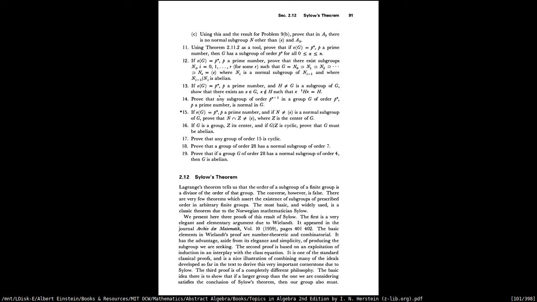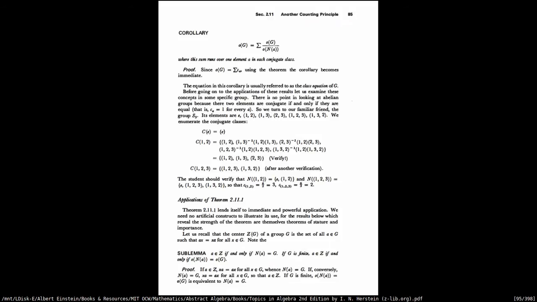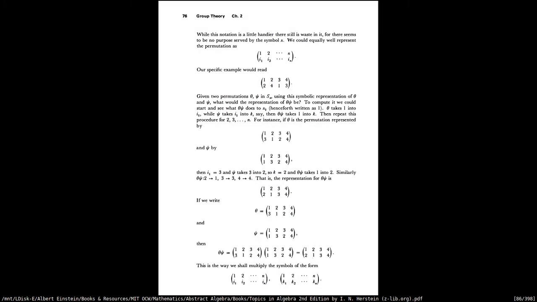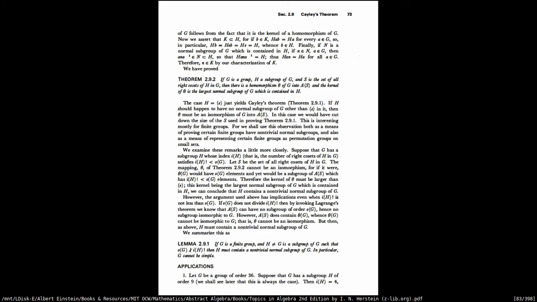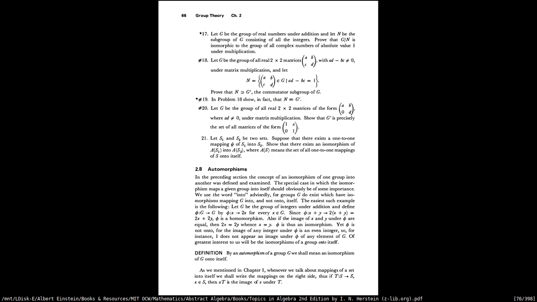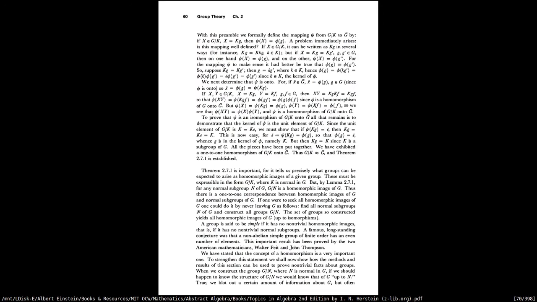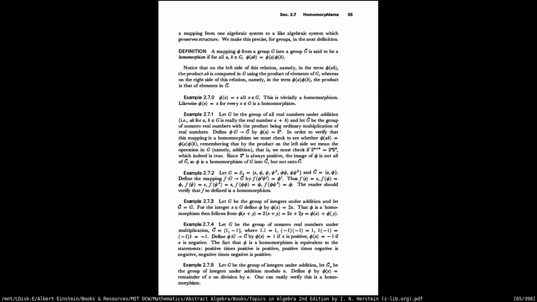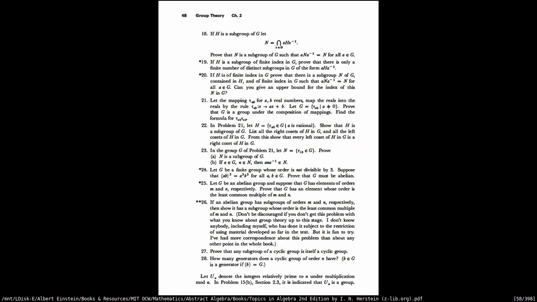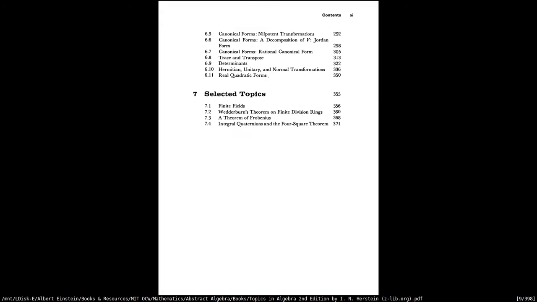So there's an element of G, and if you use that x to act on P, it's going to take B into A. We want to show that there's an element in the normalizer of P which takes B into A.